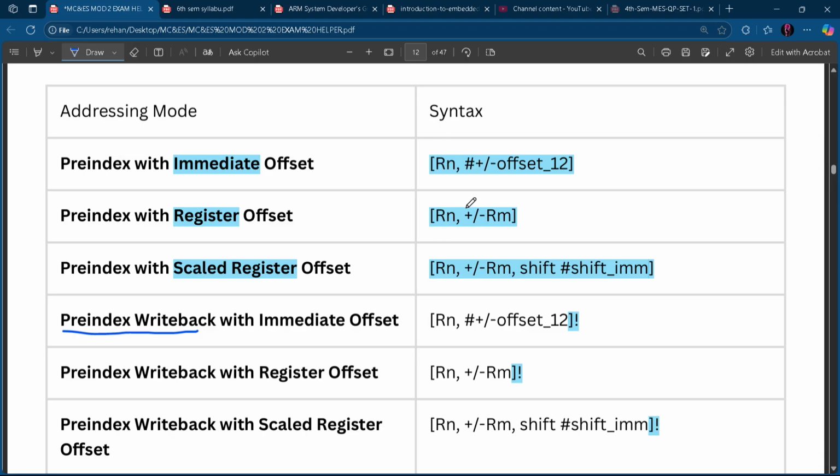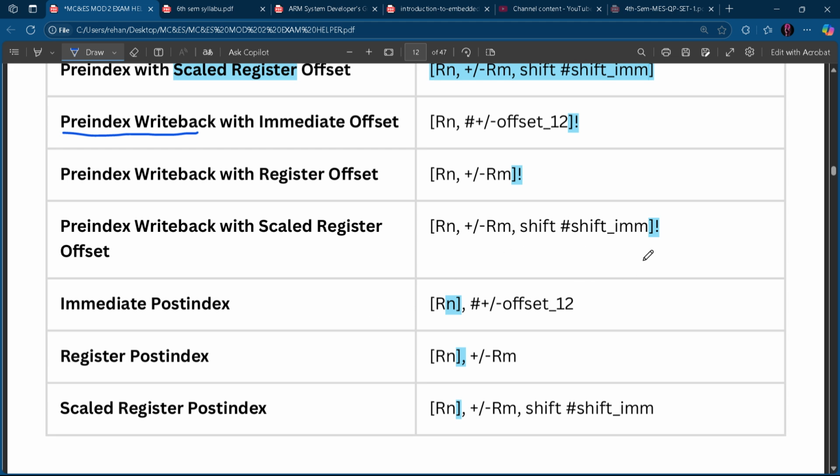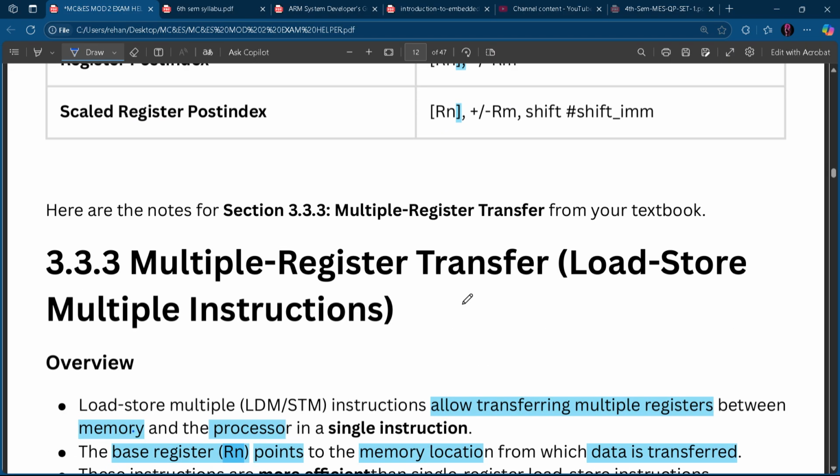Here a hash comes, here the hash doesn't come, with plus and minus. There are two things: Rm is here, here just an offset of 12, and here a shift with a shift immediate. Same thing, you just have to add an exclamation symbol and it will become with write back. Same thing, remove the last bracket and put it after Rn, and that gives your post-index. Very simple, right? Nothing to worry.